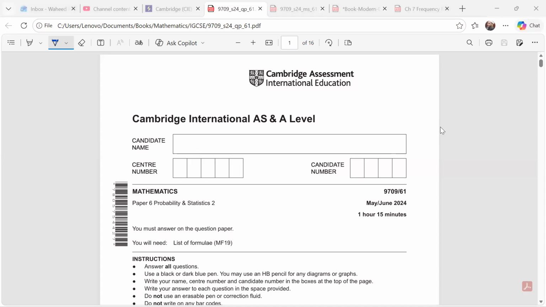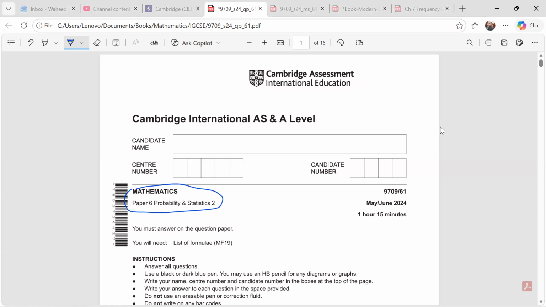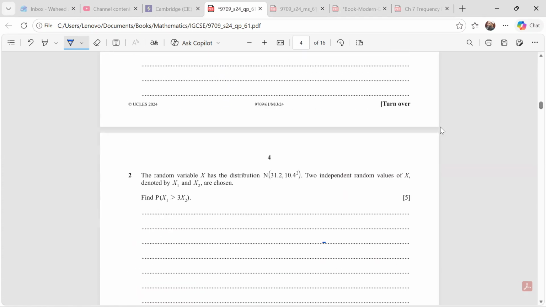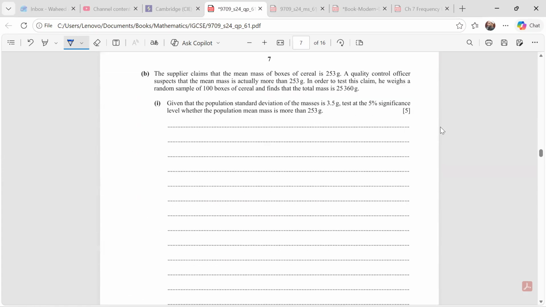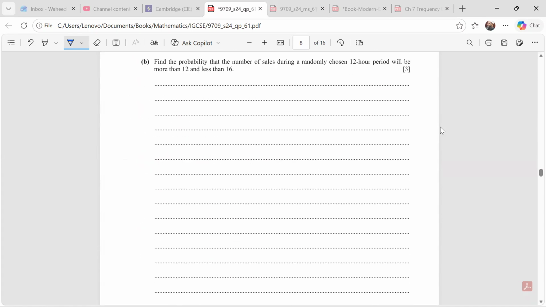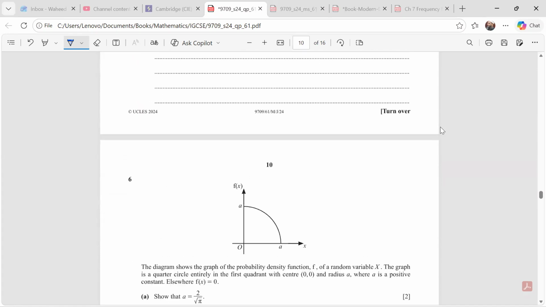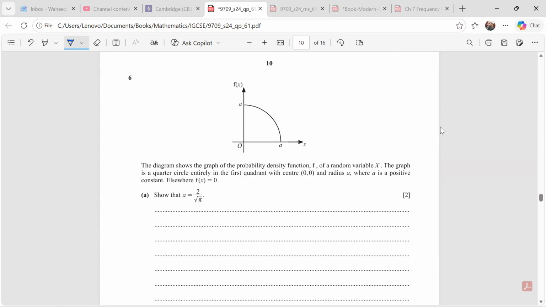We have been doing these past question papers. Right now I have Mathematics Paper 6, Probability and Statistics, May/June 2024. We will be doing question number 6 right now.